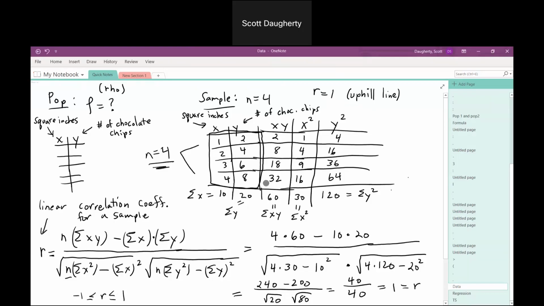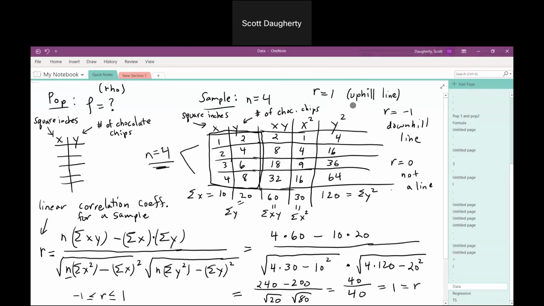If R is 1, it means it's an uphill line. If it's close to -1, then it's a downhill line. And if R is 0, that indicates that there's not a line at all. Of course, R could be any number between -1 and 1, so sometimes it's difficult to tell whether it's close enough to be called a line.